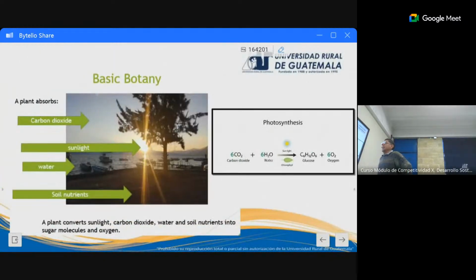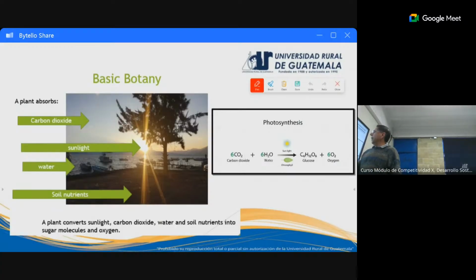Okay, we were talking about the main functions that a plant makes. Let me turn on the pen again. Plants are able to absorb soil nutrients, like water, or some minerals like nitrogen, phosphorus, or potassium.